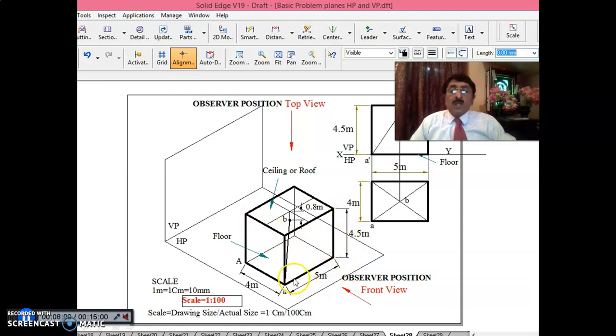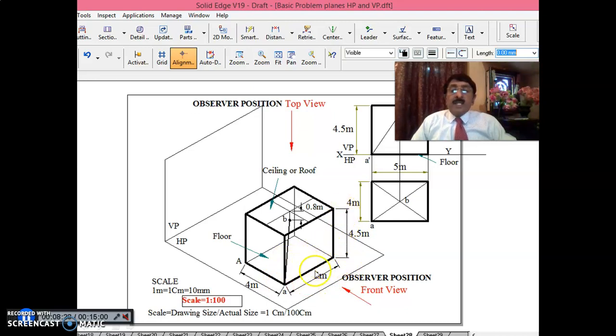This is the room. This is 5 meter. I am looking from here. Observer position, front view is this. When you are looking from here, length should be like this. I am telling you, you can always interchange 4 and 5, but preferably length is parallel to VP, you take 5 meter. This is 4 meters perpendicular to VP, and height of the room is 4.5.